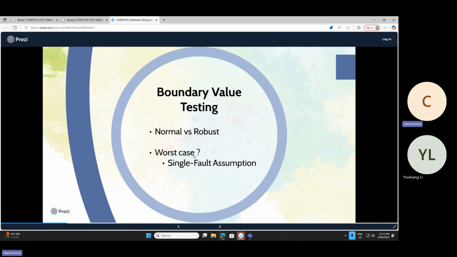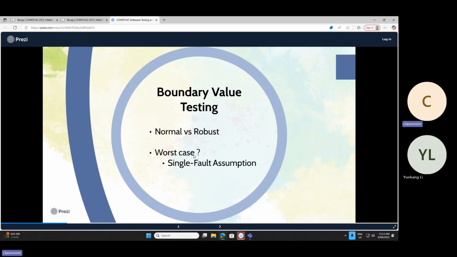And the second characteristic here is about whether we consider the worst case scenario or not. So this is based on the single fault assumption. If we have this single fault assumption, it means that at most one parameter can take invalid values, right?